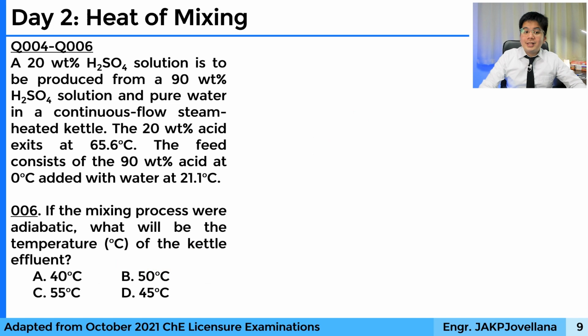Lastly, for question number 6, if the mixing process were adiabatic, what will be the temperature in degrees Celsius of the kettle effluent? So we are given 40, 50, 55, and 45 degrees Celsius. So from our original energy balance, if the process were adiabatic, then we simply set Q equal to 0. So our energy balance becomes M1H1 plus M2H2 equals M3H3.